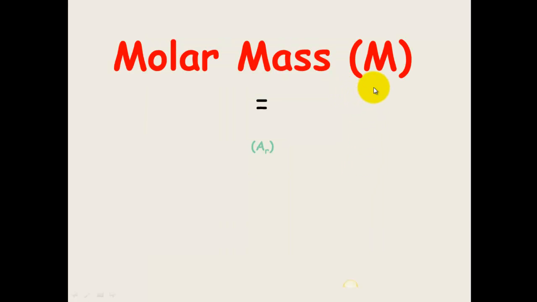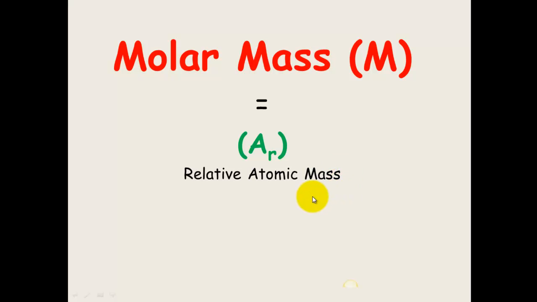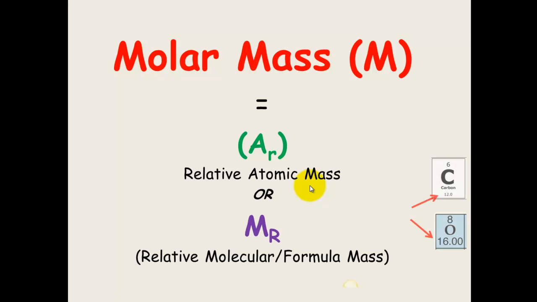So the molar mass is equal to the relative atomic mass or the relative formula mass. And those are, of course, the numbers that you find on the periodic table, which are the same as the mass numbers.